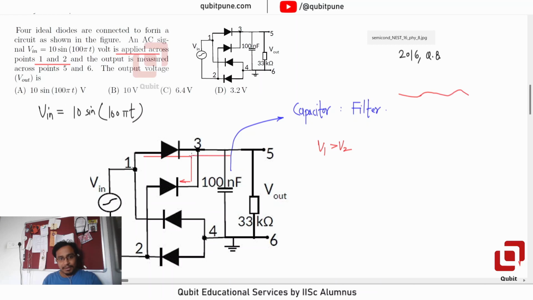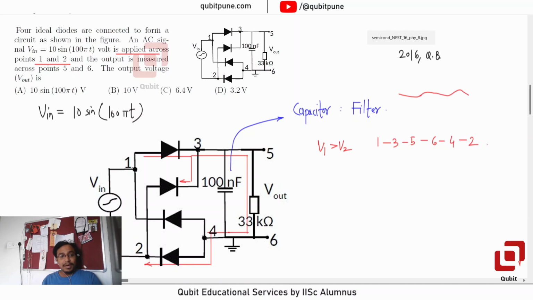So, with the capacitor there, it will flow through the load, and then eventually return to 2. Show it like this: 1, 3, 5 to 6, 6 to 4, 4 to 2.